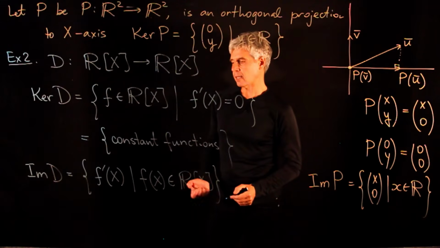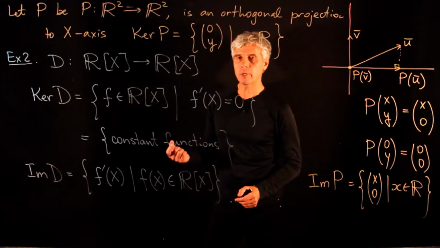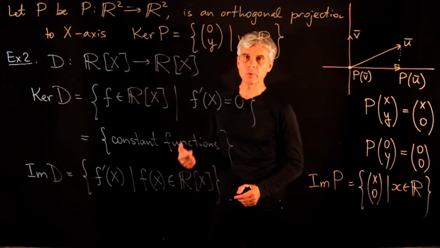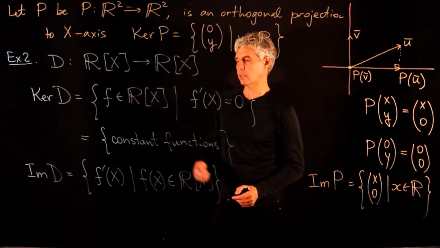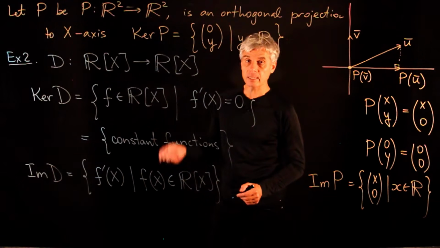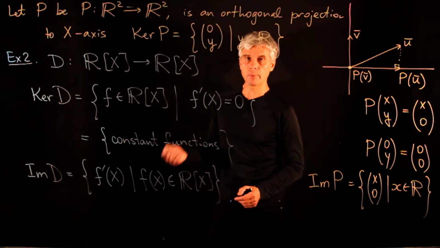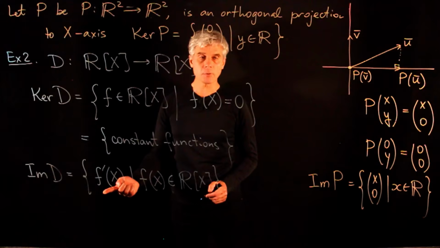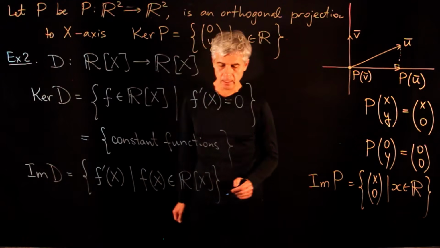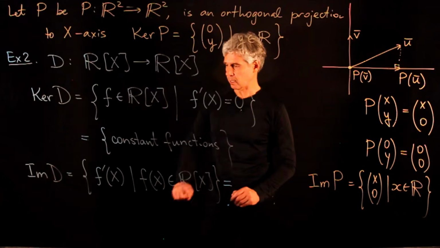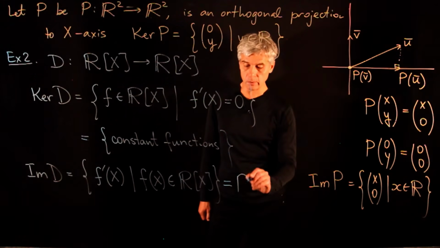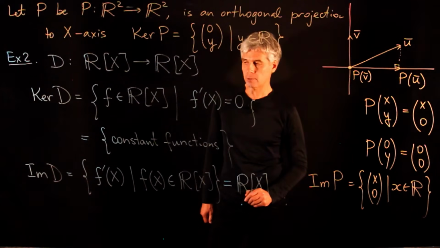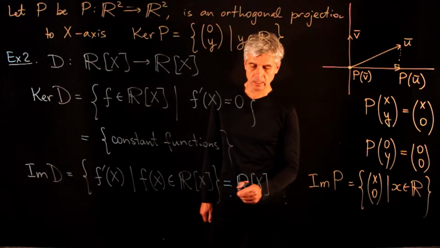Can we express any polynomial as a derivative of another polynomial? From calculus, we know that the answer is positive: each polynomial has an antiderivative, which is also a polynomial. So every polynomial may be represented as a derivative of something. And so this set is actually the set of all polynomials. So the image of the differentiation operator is R[x].